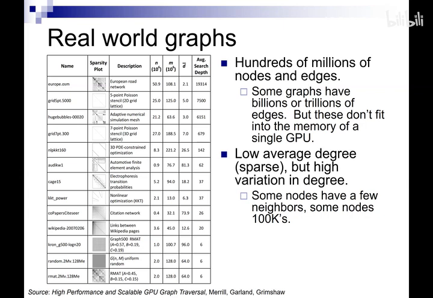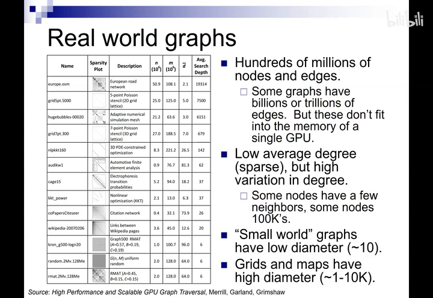So the degree of different nodes is going to be very different in these real-world graphs. And then you have these 2 different types of graphs: one type with low diameter, on the order of a few dozen, and other graphs which are more like grids, which have high diameter, like the European road network.